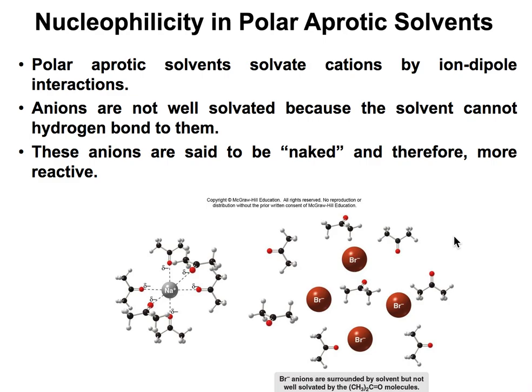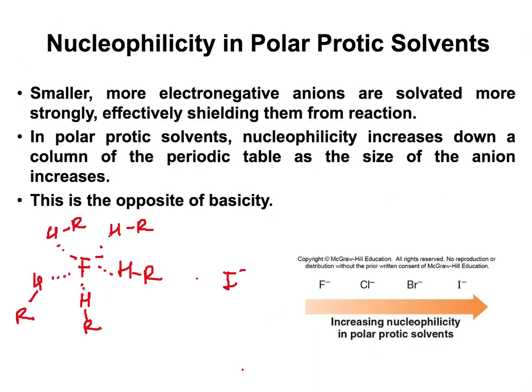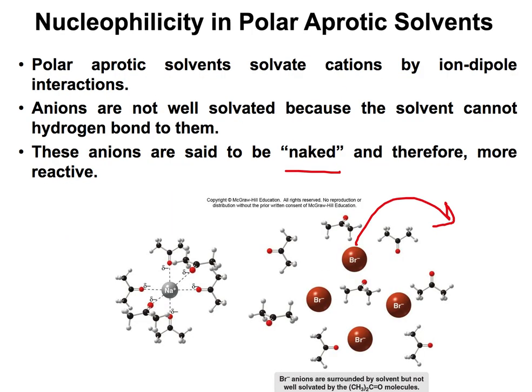It doesn't have hydrogen bonding around itself. It allows the Br to be naked, as we mentioned here, and so the Br is ready to go and attack. So that nucleophilicity issue that we have here in polar protic solvents doesn't happen in polar aprotic solvents.